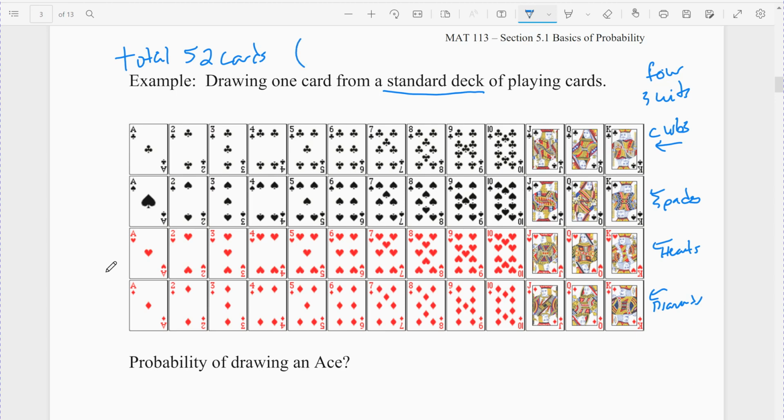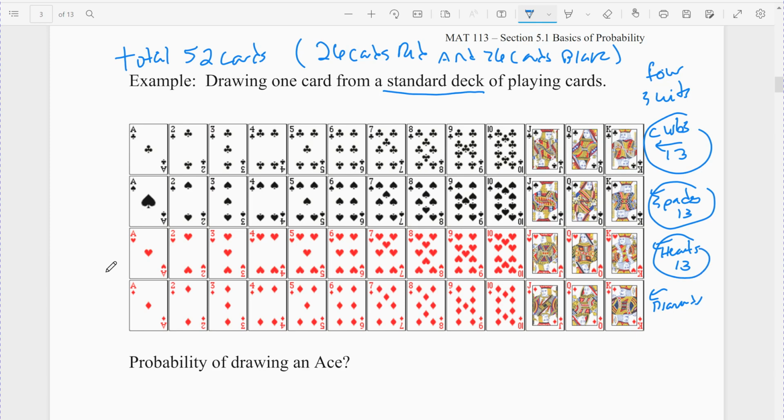So 26 cards are red and 26 cards are black. And each suit has 13 cards, one quarter of the deck: 13 clubs, 13 spades, 13 hearts, and 13 diamonds.